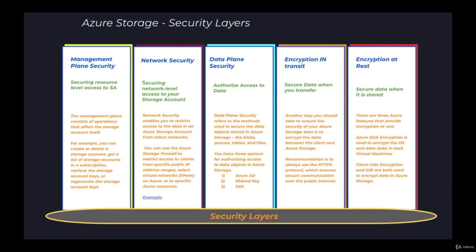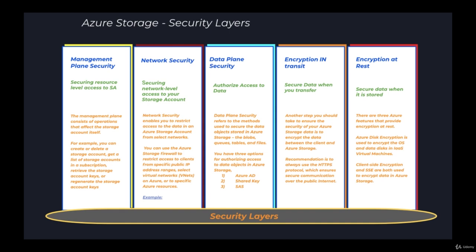When we talk about management plane security, we use role-based access control, or RBAC. With RBAC, we provide access to different users, groups, or applications depending on their role, whether they need access to the Azure subscription or to a particular resource.